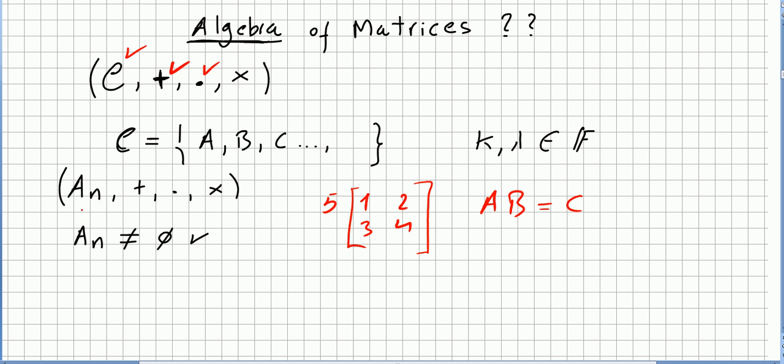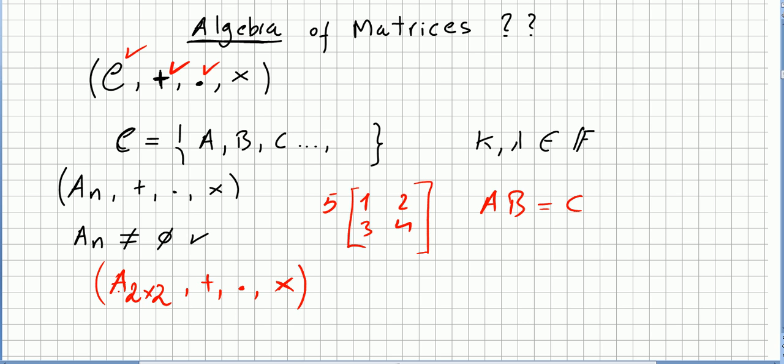So any set of n by n square matrices is an algebra. For instance, the 2 by 2 matrices: they are closed under addition, closed for scalar multiplication, closed for matrix multiplication.